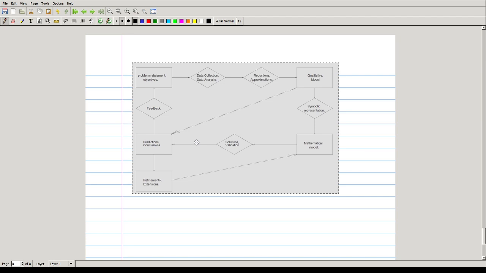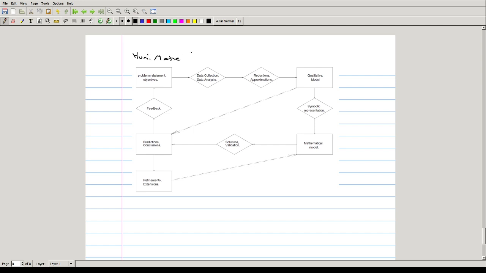And this is again from Meyer-Hume's book. Intro to Mathematical Modeling.